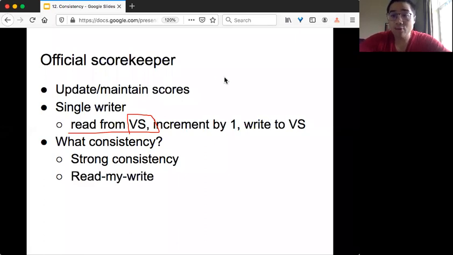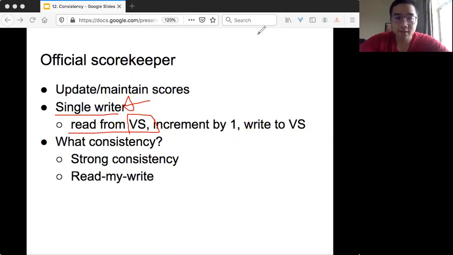if we rely on the application scenario or the domain knowledge, actually we know that, hey, there's only one referee or only one official scorekeeper, so whenever you do this read, you can always require read-my-writes consistency, because it will always ensure that you read your previous write operation, which is the most recent score.